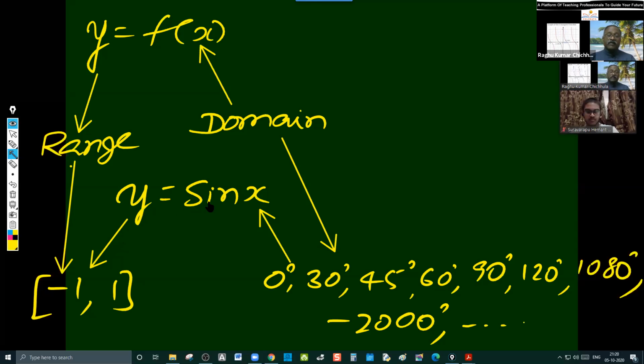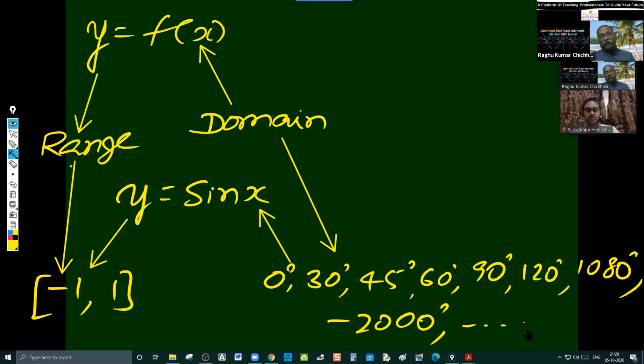So what happens? Every value of x, whatever value you give to x for sine x, all those values lie between -1 and +1 only. That is the reason why this graph is very much visible, and hence it is used in medical equipment and all. The medical, because it's a continuous function.